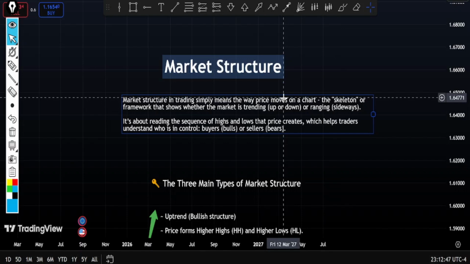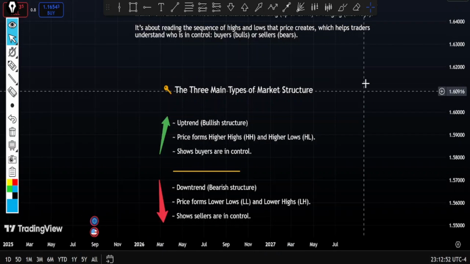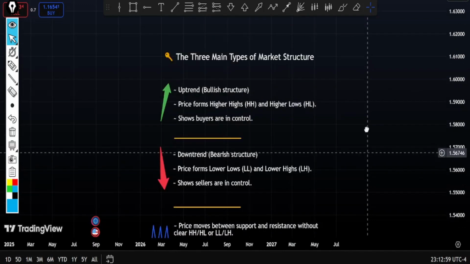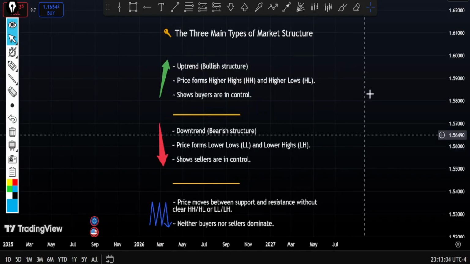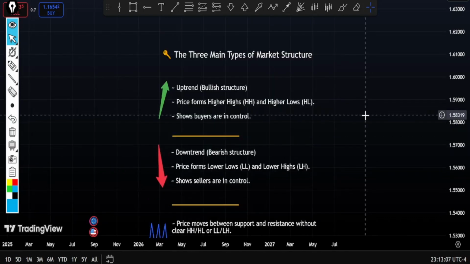So there are two main types of market structure. The third one is not really that important, because it is almost similar to the first two.